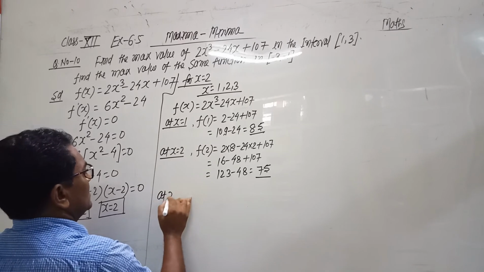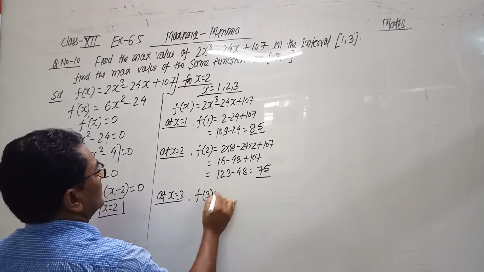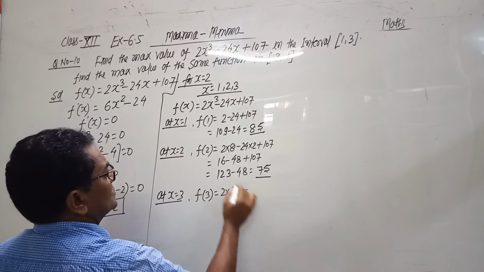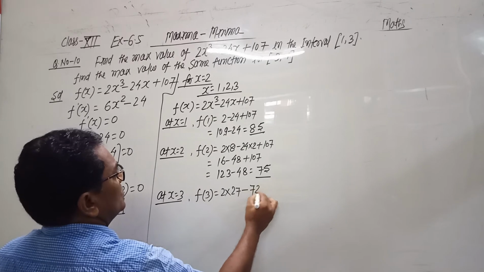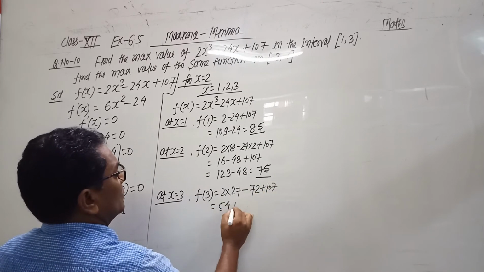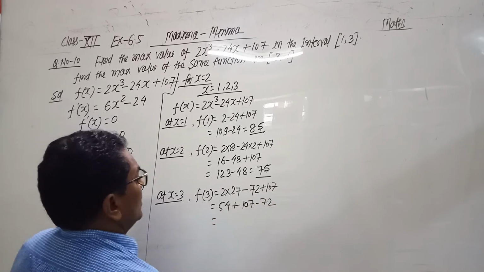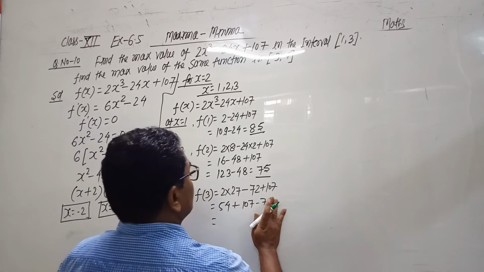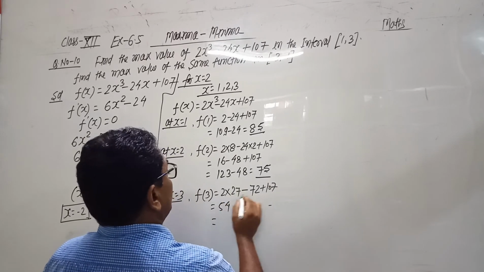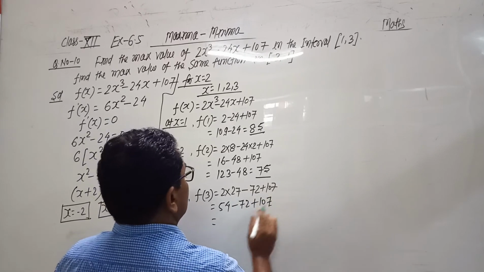At x equals 3, f(3) is 2 into 3 cubed, 27, minus 24 into 3, 72, plus 107. This is 54 minus 72 plus 107.